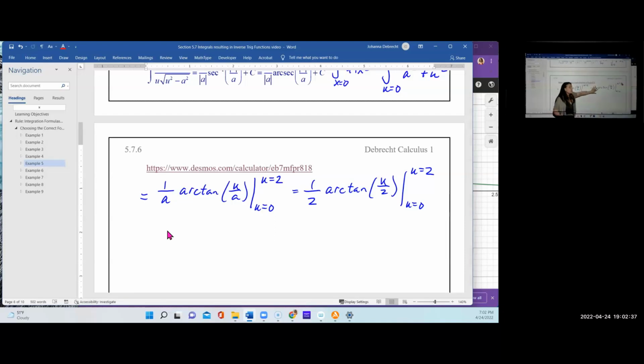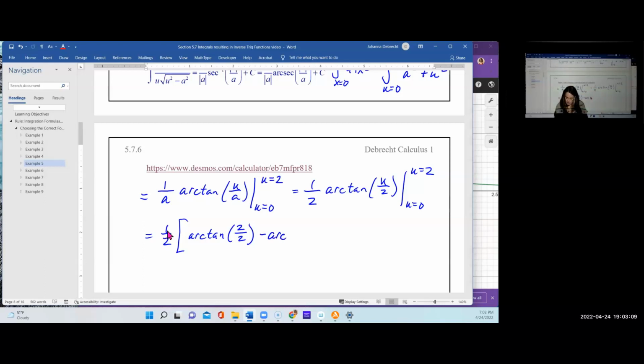The 1/2 is a constant, which we can pull out of the entire thing and keep on the left side. Then we take the arctangent of u over 2 and substitute 2 in for u. That gives us the arctangent of 2 divided by 2. Then we subtract what we get when we substitute the lower limit of integration into the antiderivative function we chose.